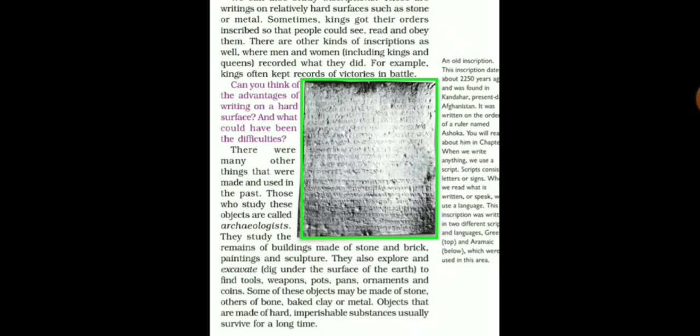In short, it can be preserved for a longer period of time, so kings and queens inscribe their orders on such hard substances and utensils so that people follow rules and regulations.